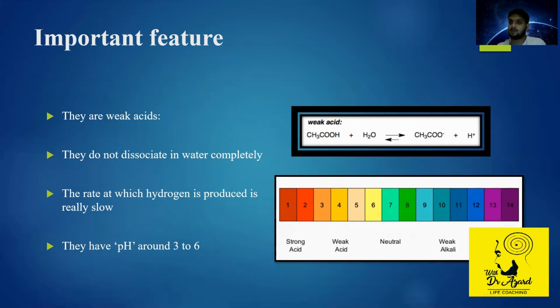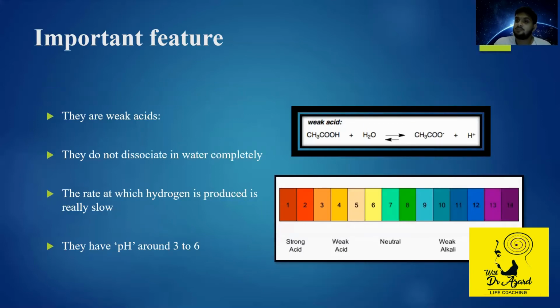In chemistry there are two kinds of acids: strong acids and weak acids. Until now, HCl, sulfuric acid and nitric acid are all strong acids. Carboxylic acids are weak acids.